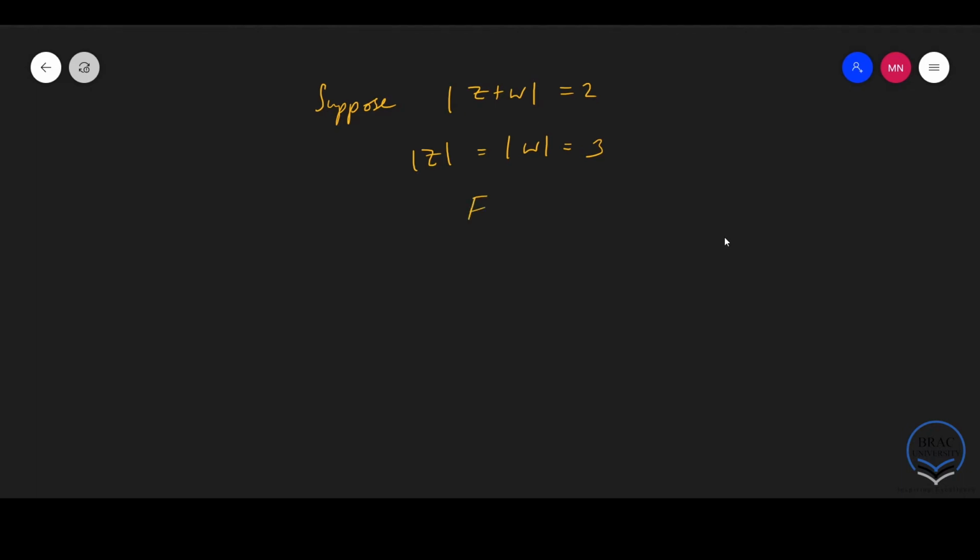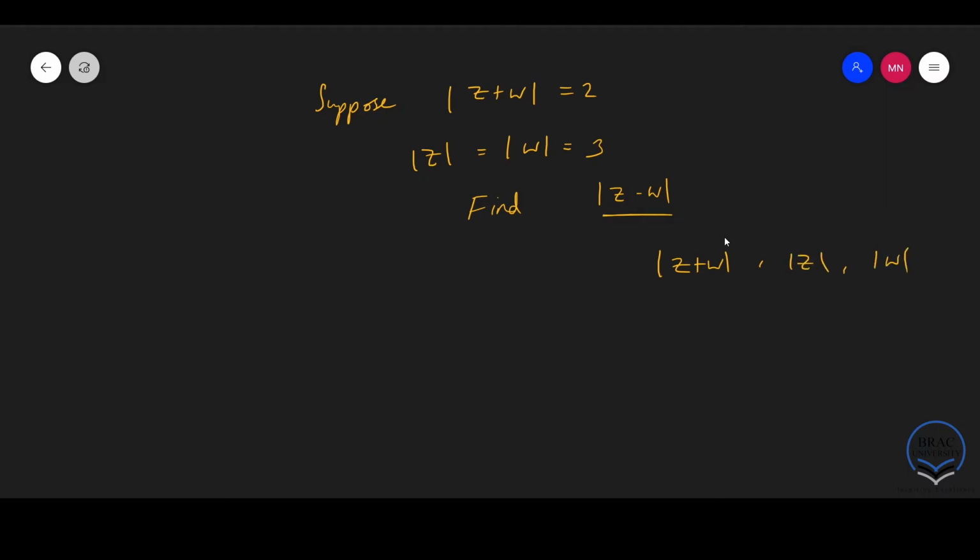And we have to now find the magnitude of z minus w. So how can we do this? There isn't a clear way to express this magnitude in terms of the magnitude of z plus w, or the magnitude of z and magnitude of w.